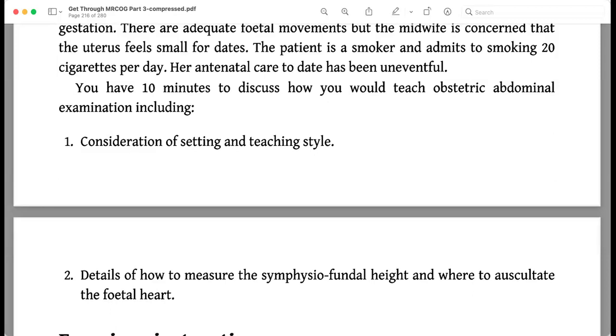Because you are required to discuss this particular case. Okay. Can I scroll up and see the case again? Yeah, sure.